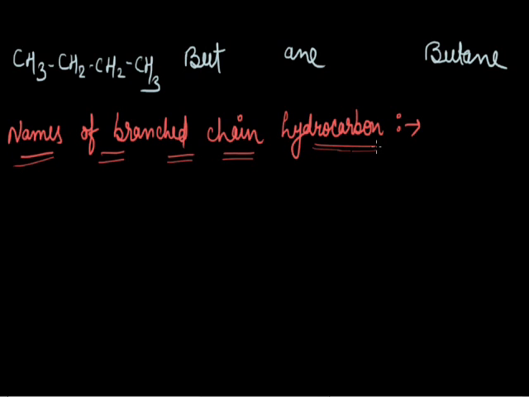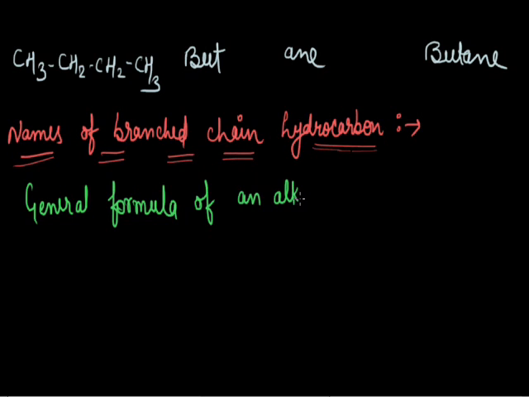So we can get an alkyl group by removal of one hydrogen atom from a hydrocarbon. The general formula of an alkyl group will be CnH2n+1, and an alkyl group is represented by R.